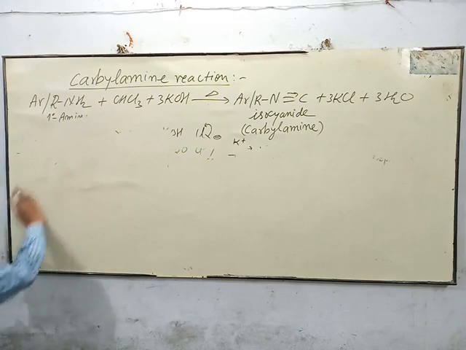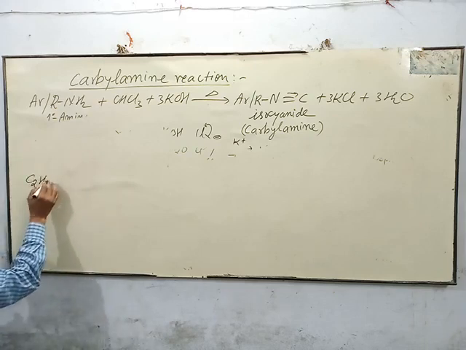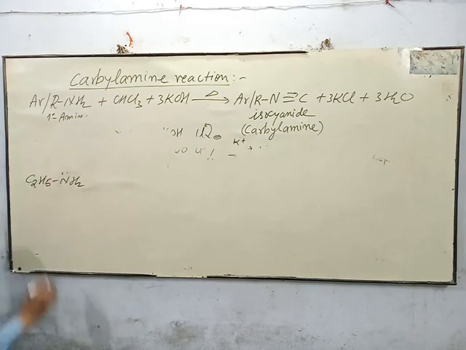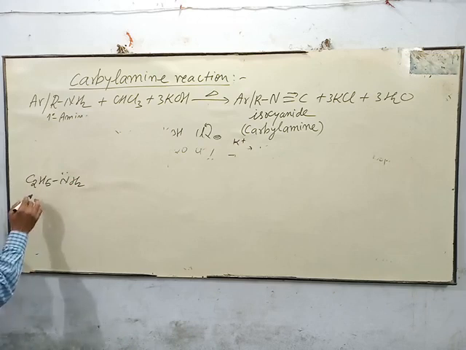This is the primary amine, C2H5NH2. This is an aliphatic primary amine, ethylamine.